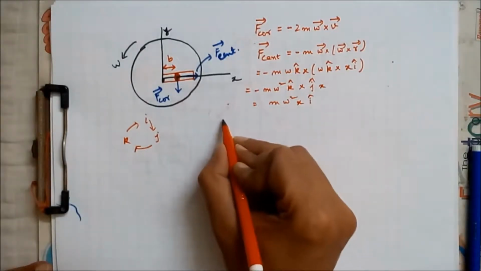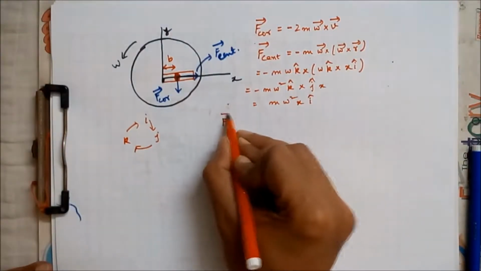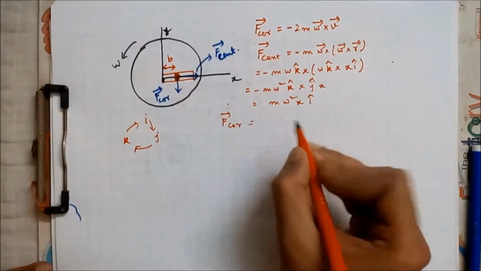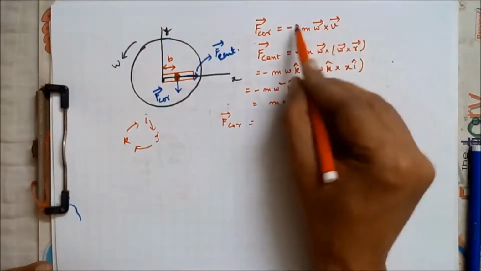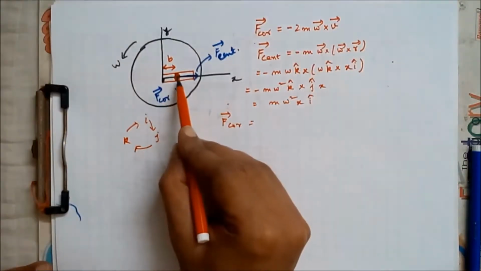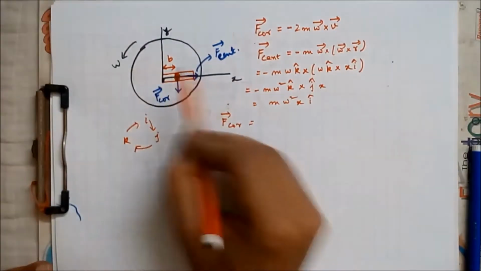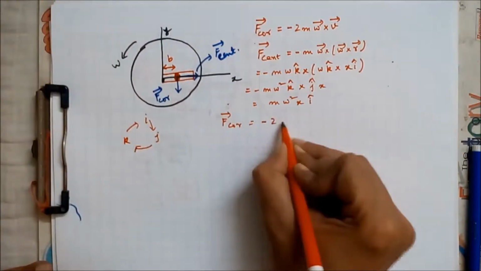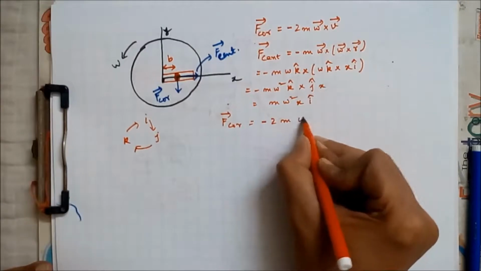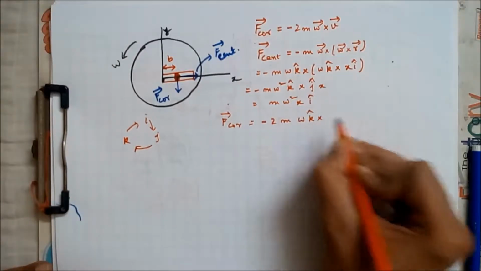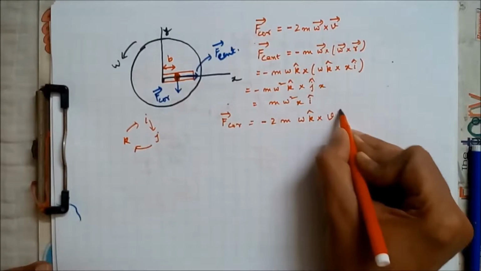What is our Coriolis force? Coriolis force is given by this formula, where v is the relative velocity of the particle with respect to the rotating frame. So this is minus 2m omega k cap cross v i cap.